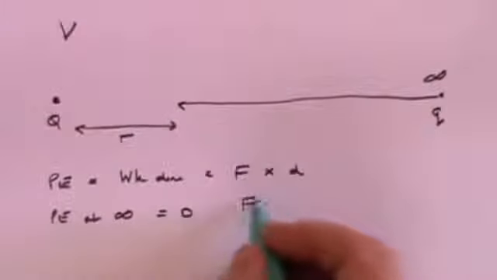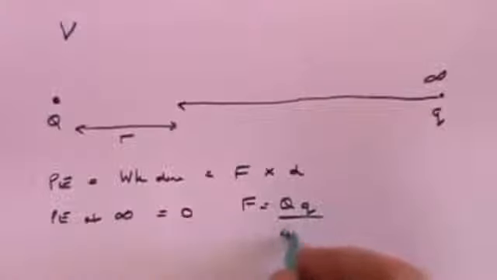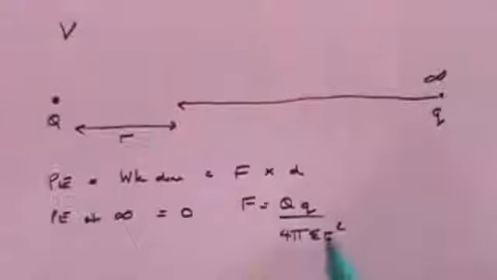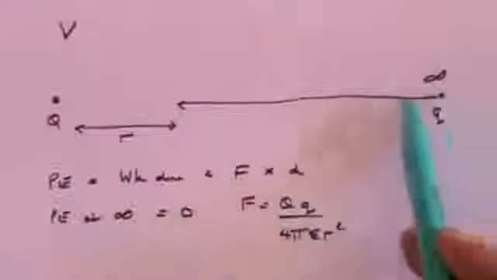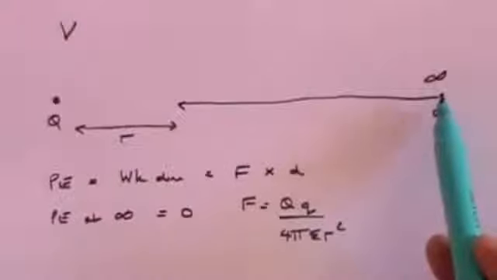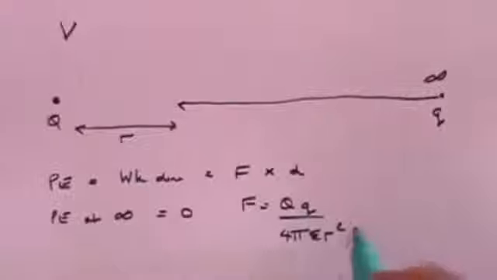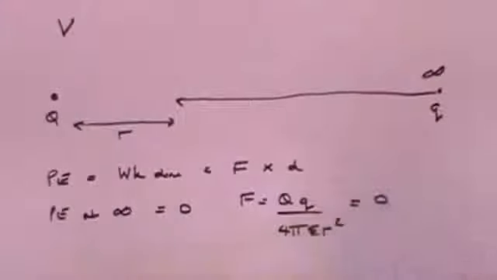Well, the force, as we saw right at the beginning, is going to be Qq over 4 pi epsilon r squared, where r is now infinite because it's the separation of the two charges. And when q is infinitely far from capital Q, then r squared, infinity squared, is going to mean that the force is 0 because you've got an infinity squared term in the denominator.